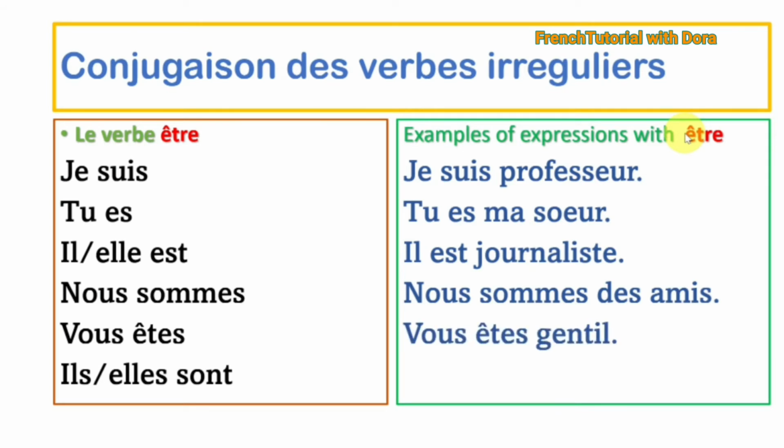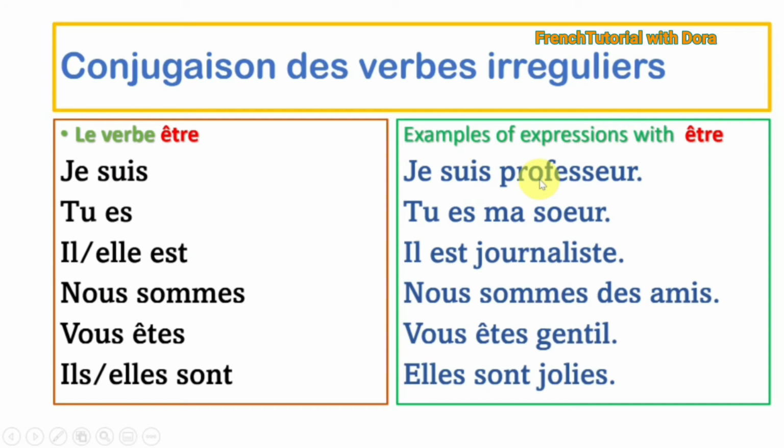Vous êtes gentil. You're kind. Elles sont jolies. They are beautiful. Okay, so I hope you've learned simple expressions with this verb to be, the verb être. Go through them again.